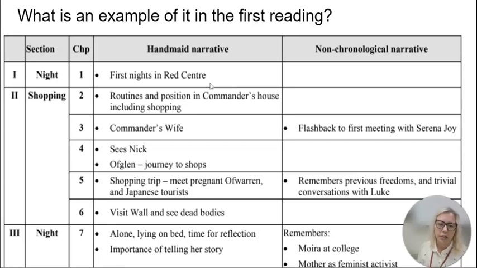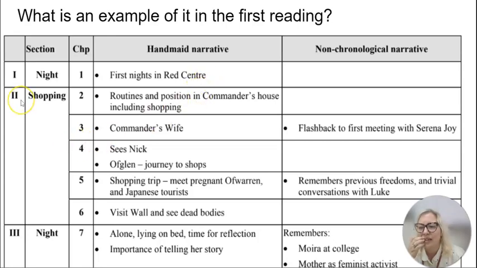The Red Center is where the handmaids are indoctrinated into their role as handmaids, and specifically Offred describes her time there with Moira and other women who she names at the end of the chapter. And it's run by Aunt Lydia. So whenever we hear about Aunt Lydia and something Aunt Lydia said, it's going to go back to these days in the Red Center. All right.